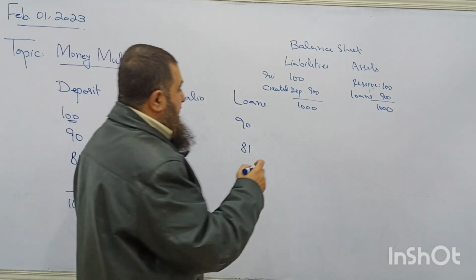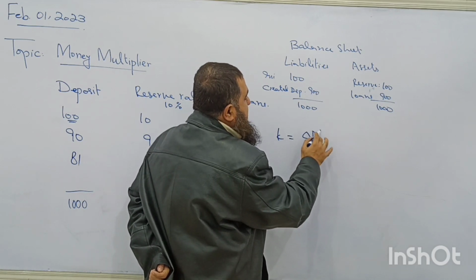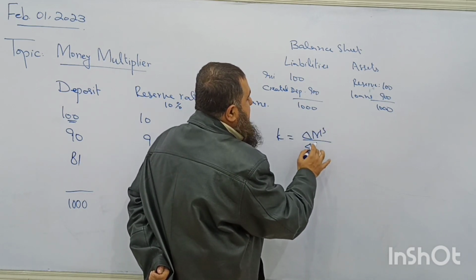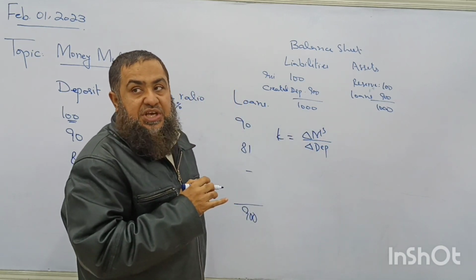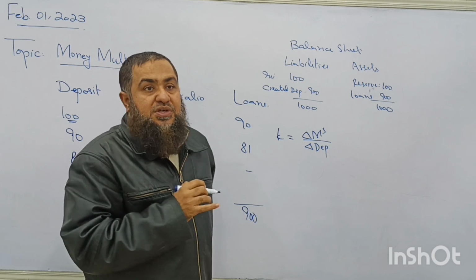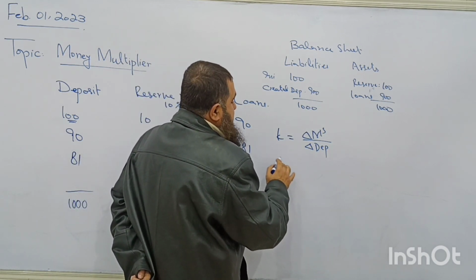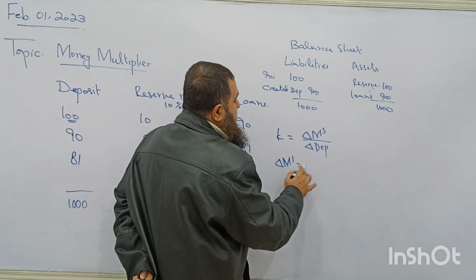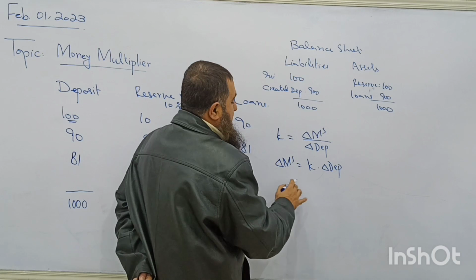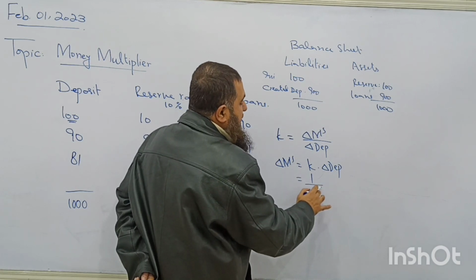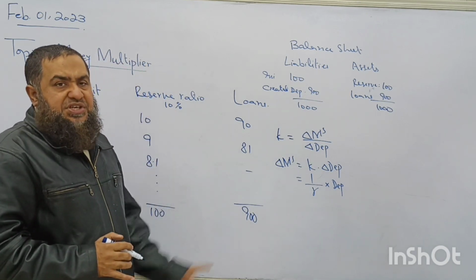Now I am going to write again, the credit multiplier is the change in money supply due to change in deposits. Alright? Can I write like this? Change in money supply is equal to K into change in deposits. So K is what? 1 over R multiplied by the change in deposit.